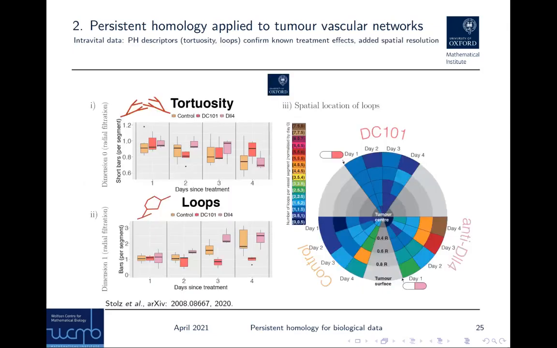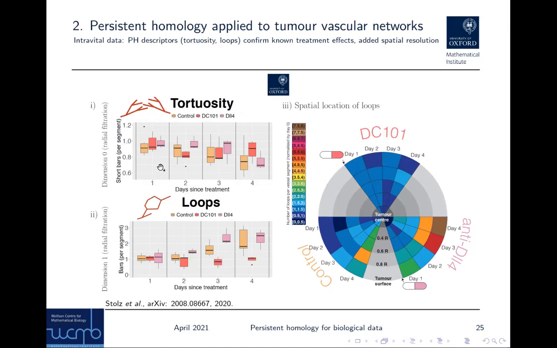Here we're looking at the Oxford dataset, and we're looking at the treatments that have known effects on the vasculature. We're considering now tortuosity and loops in these networks, and we've got controls here in beige, and then in red we have DC-101, which makes the vasculature more normal looking, and anti-DLL4, in pink, which makes the vasculature more abnormal looking.